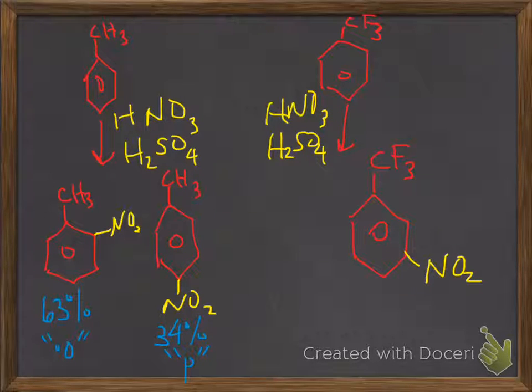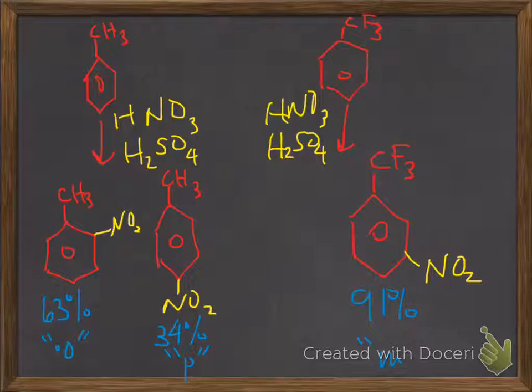Whereas if you look at the trifluoromethylbenzene, so the only difference, once again, is the fact that the three hydrogens have been replaced by fluorine, you only get one major product, and it's in a meta position. I would never ask you to memorize these numbers.